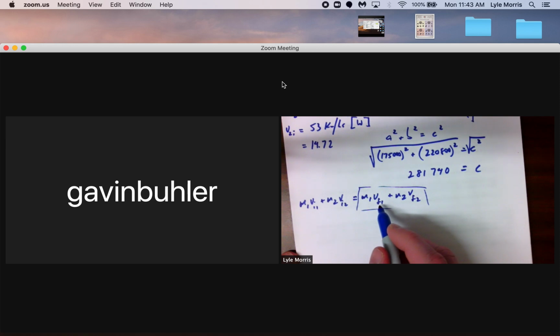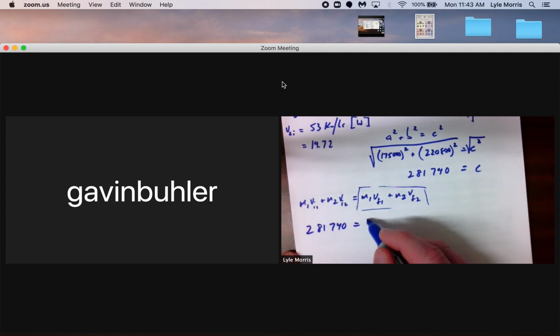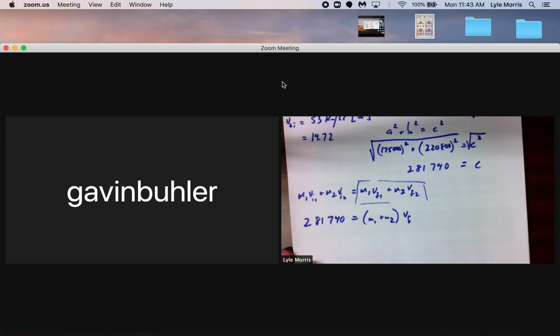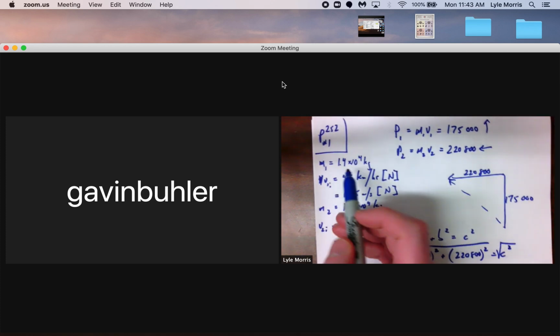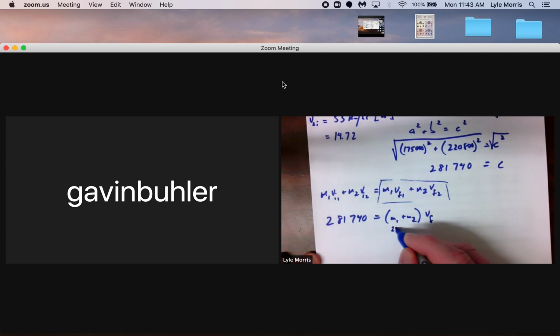And also the speed is the same because it's an inelastic collision. So 281,740 equals M1 plus M2 times Vf. Is that okay so far? Yeah. These two masses, 14,000 and 15,000, equal 29,000. So we just divide both sides by 29,000 to get Vf.